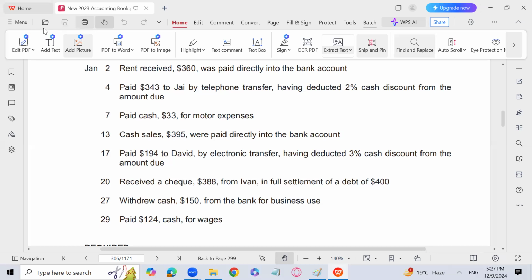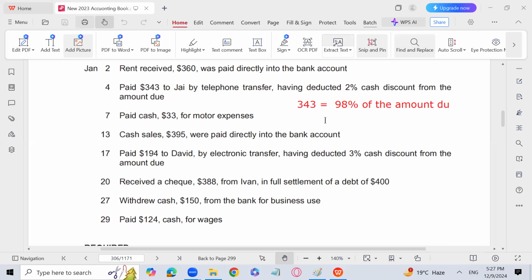I repeat again, this 343 we are paying after deducting 2% cash discount. It means this 343 is equal to 98%, because 2% has been subtracted, of the amount due.